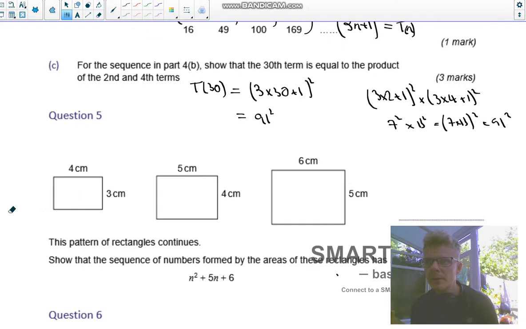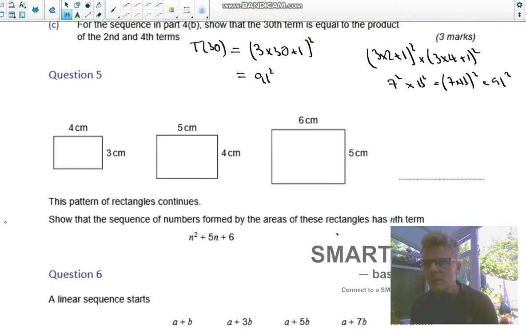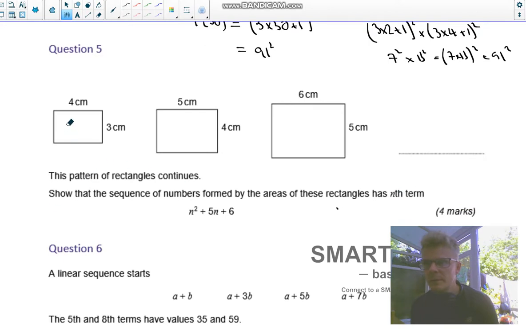Then for the next question, the pattern of the rectangles continues, show the sequence formed by the areas is given by this. So here we go, we've got 12, 20, and 30 for our numbers in our sequence there. Again, it tells us that it's an n squared rule, so I'm just going to stick with a comparison to the n squared.